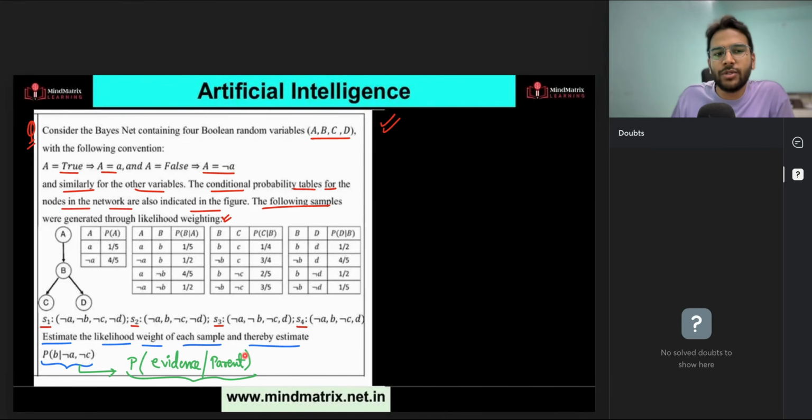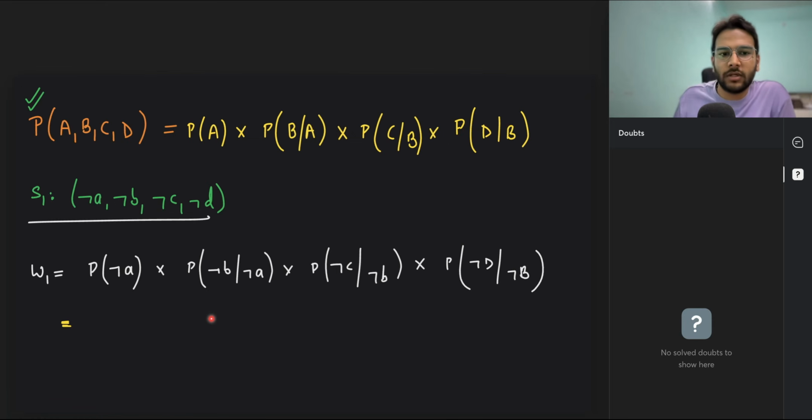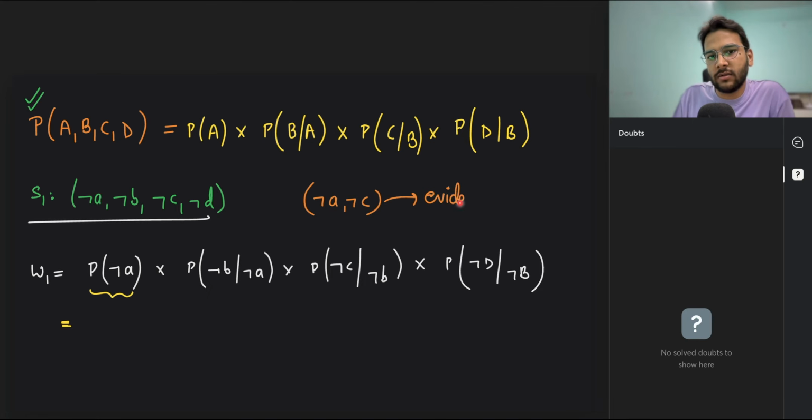Okay. So here it is not A and not C. Let me write it also for you, just to make things clear: not A, not C. This is your evidence.